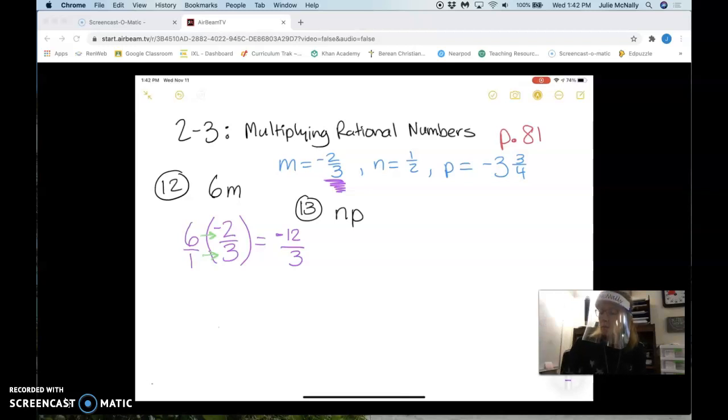Negative 12 divided by 3 is negative 4. So we can just break that down to negative 4.